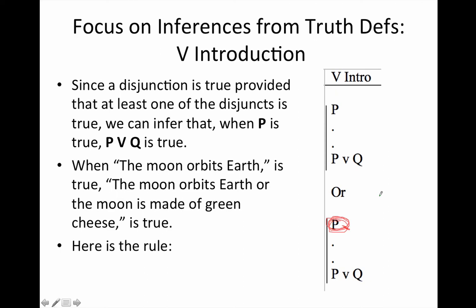In other words, any sentence in the universe that is on a line in your proof can be expanded by way of disjunction intro, so that you're saying that sentence or any other sentence is true. The moon orbits Earth, therefore the moon orbits Earth, or the moon is made of green cheese is true.